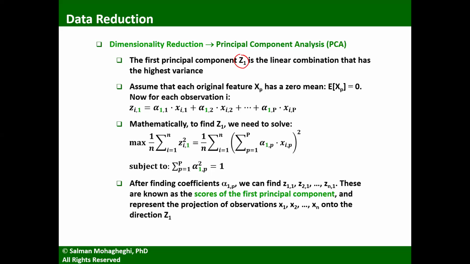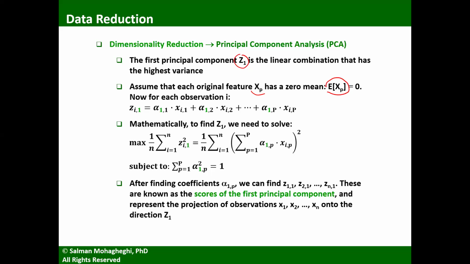Now, imagine each of my original dimensions xp has a mean of 0. So the expected value of xp is 0. This, of course, is a trivial assumption because if the mean is not 0, I can subtract the mean from every value, and the resultant values are going to have a mean of 0.